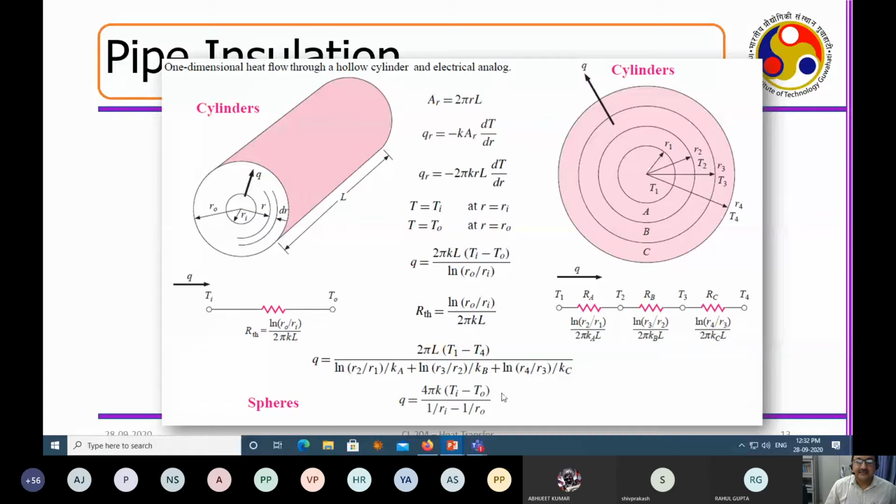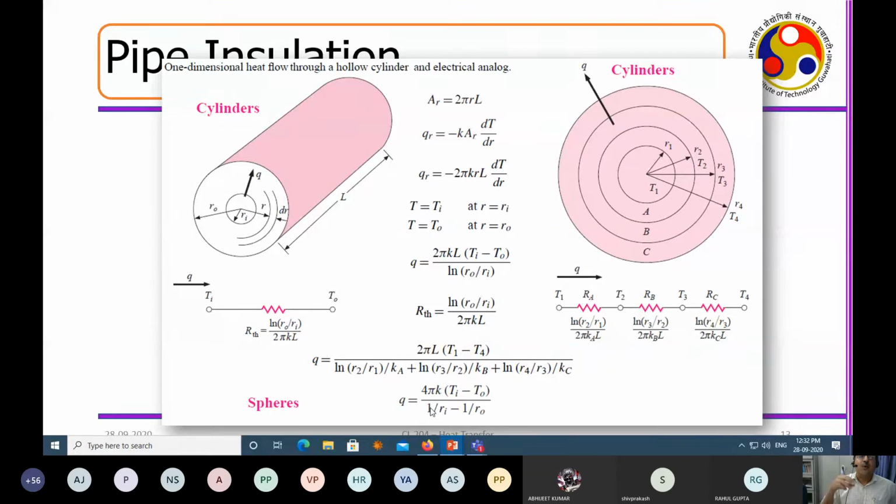And for spheres, the area will become 4 pi r square. If you plug in 4 pi r square in this equation, you will obtain an equation like this. So you can see dr by r square will lead to 1 by ri minus 1 by ro. So, a straightforward, simple equation.